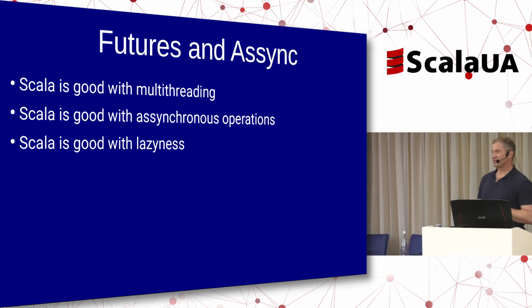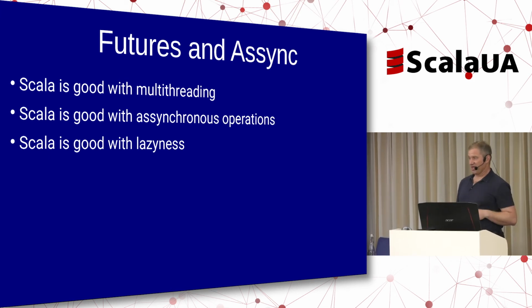So laziness is a gain in efficiency, but there are also things we can do with it that are otherwise impossible. We can create an infinite list. If we create it non-lazily, it doesn't work.